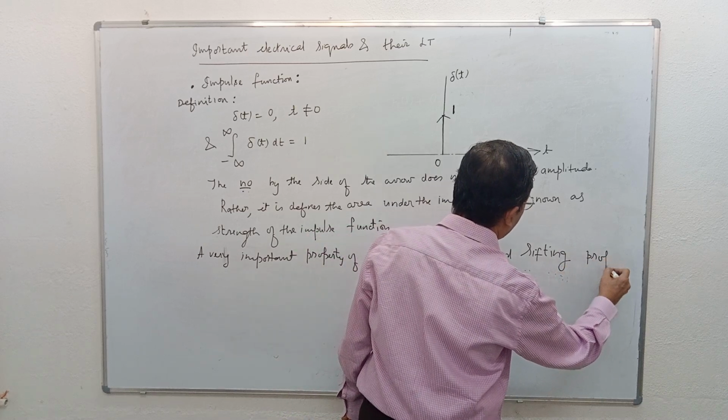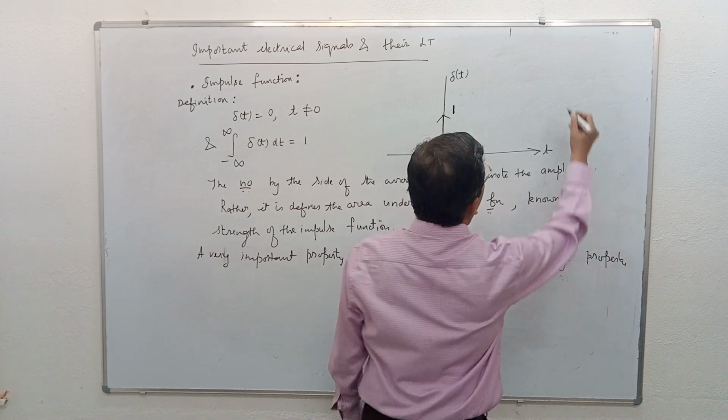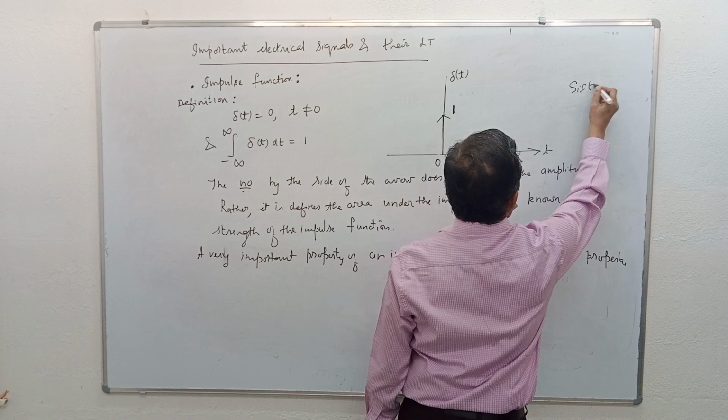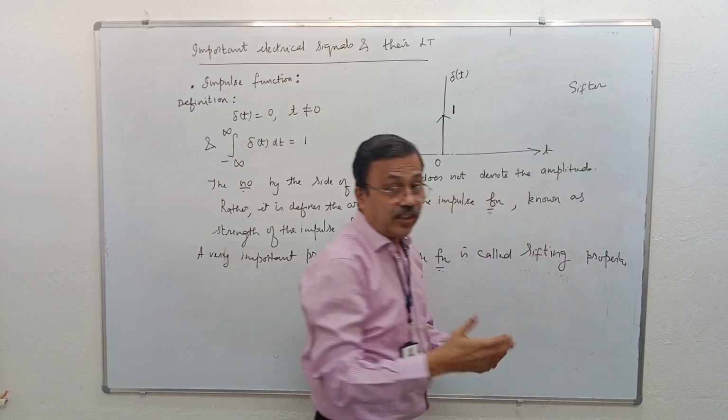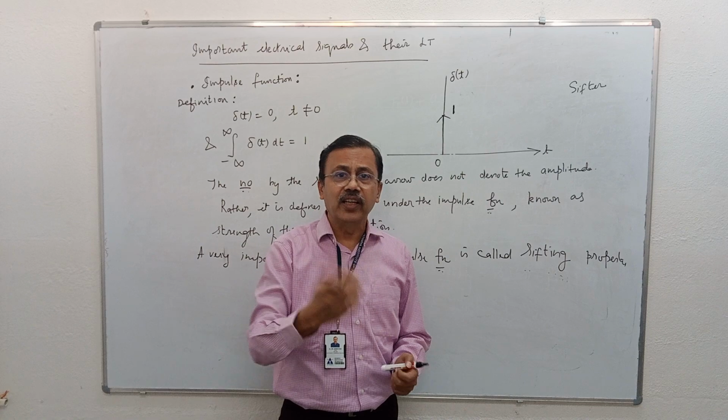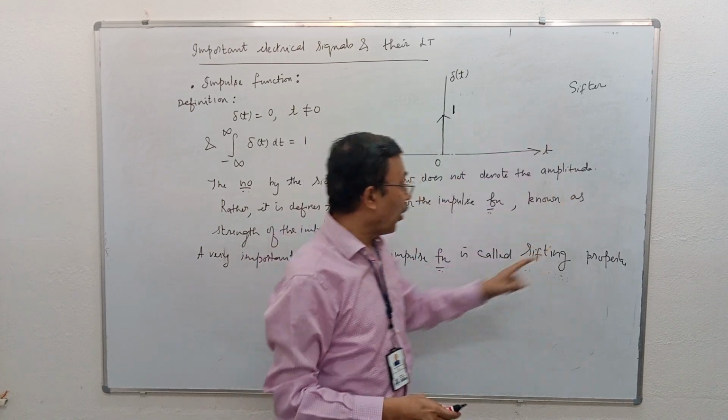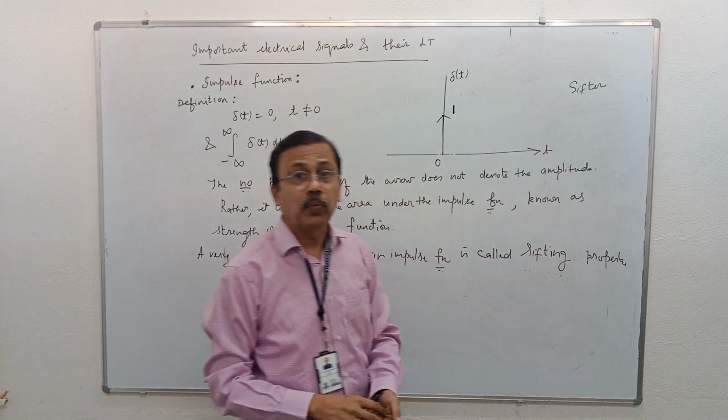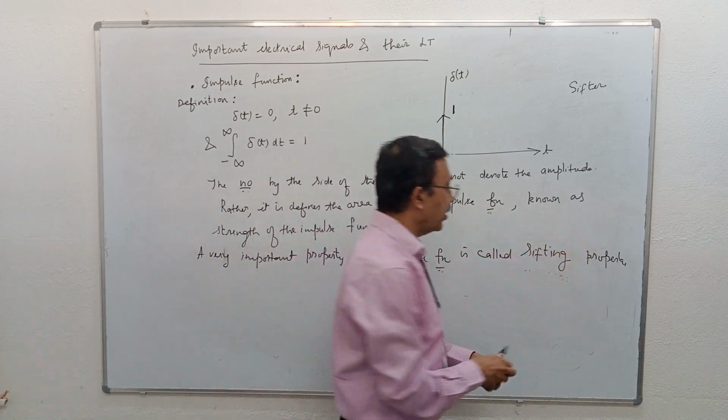What do you mean by a shifter? In English we have got a word called shifter. Shifter means the strainer. In Kannada they call mandri. That is called shifter. The property is called shifting property. Please don't think it is shifting property.